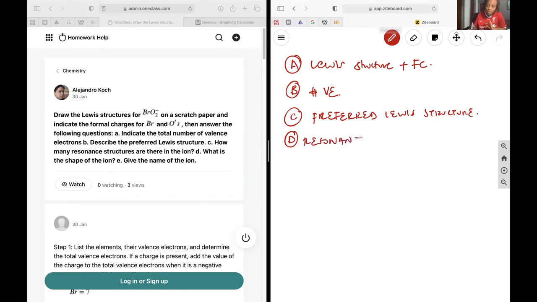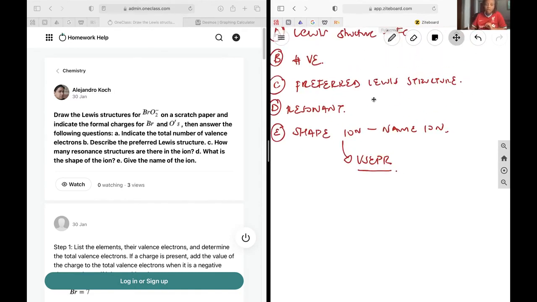So we'll talk about this a little bit. And E, what is the shape of my ion? The name of my ion too. So this will relate to VSEPR theory. Let's just do that super quickly.